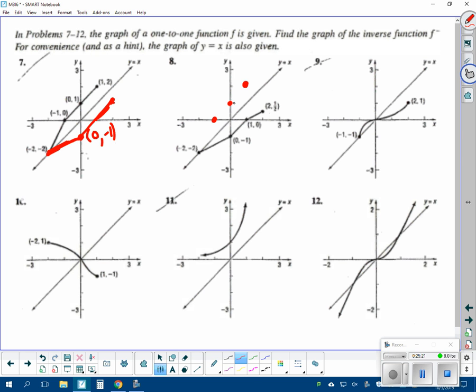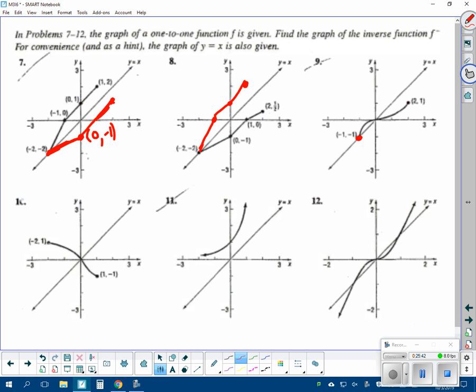Okay? Mine's not perfect, but you can think of it maybe both ways. And then this one would stay the same, right? Because it's negative 2, negative 2. Okay, over here, negative 1, still going to be the same.